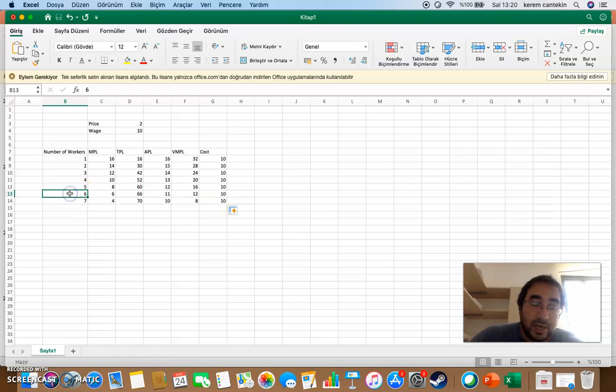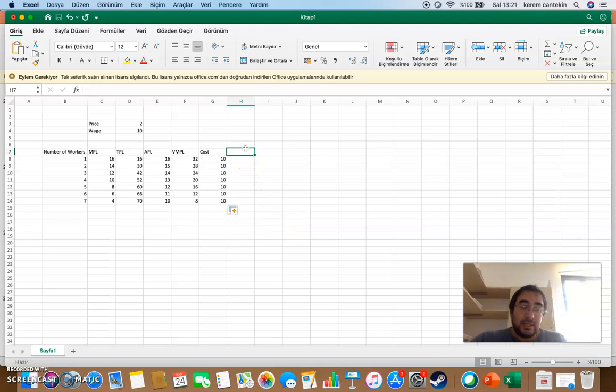So our employer will hire this sixth worker, but the seventh worker will only bring revenue equal to $8, but the wage is $10, which means our employer will lose $2 if he or she employs this seventh worker. Can we see it?